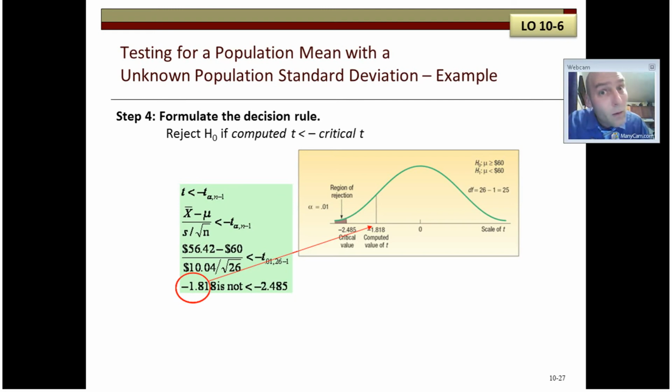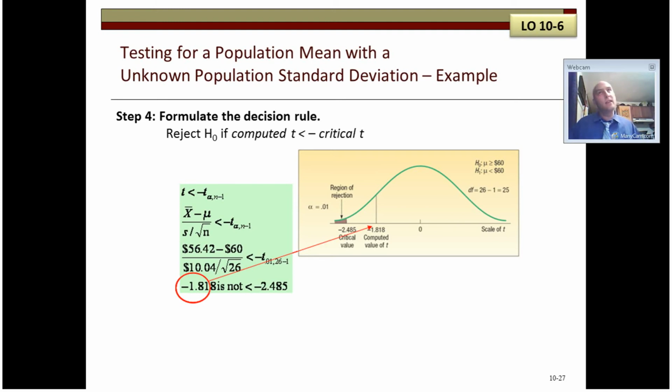This is why I always recommend drawing the pictures, you can draw the tails on there, so you don't screw up the sign of your critical value. When we calculate our test statistic, we get negative 1.818. That is not less than negative 2.485.